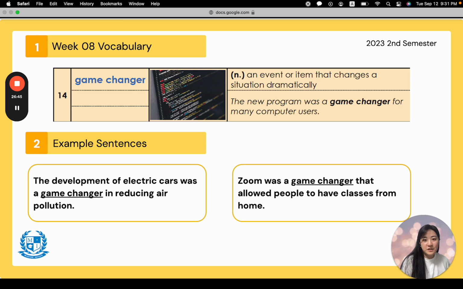Example sentence 2: Zoom was a game changer that allowed people to have classes from home, right? Before, we could never imagine having classes at home, but when we had COVID-19, Zoom helped all of us to have classes at home. It was a game changer. It was a big thing that changed everything.